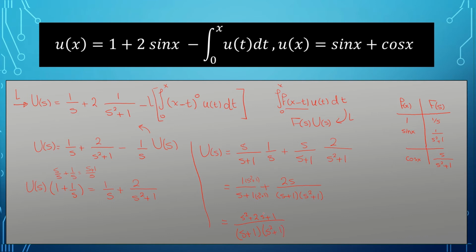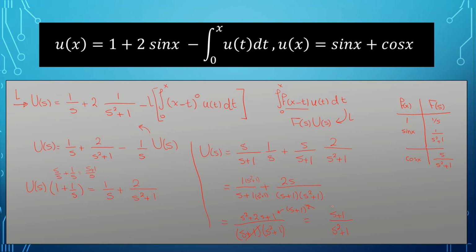Okay, and if we factor this, this will give us (s plus 1) squared, so one of them will go with the one downstairs, and that will give us s plus 1 over s squared plus 1.